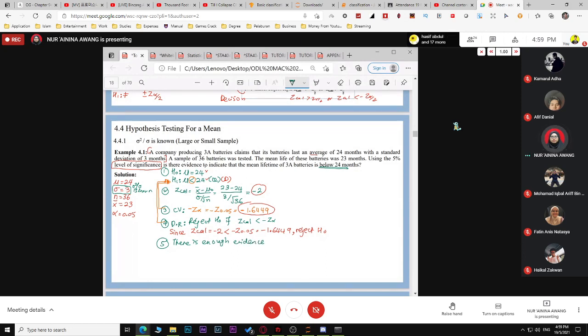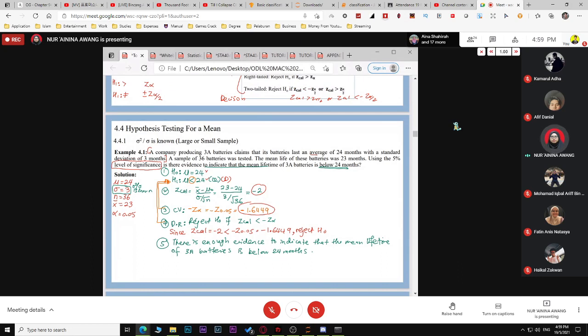And then salin je lah. Okay, to indicate that the mean lifetime of 3A batteries is below 24 months. Okay, so this is how to answer hypothesis testing questions.